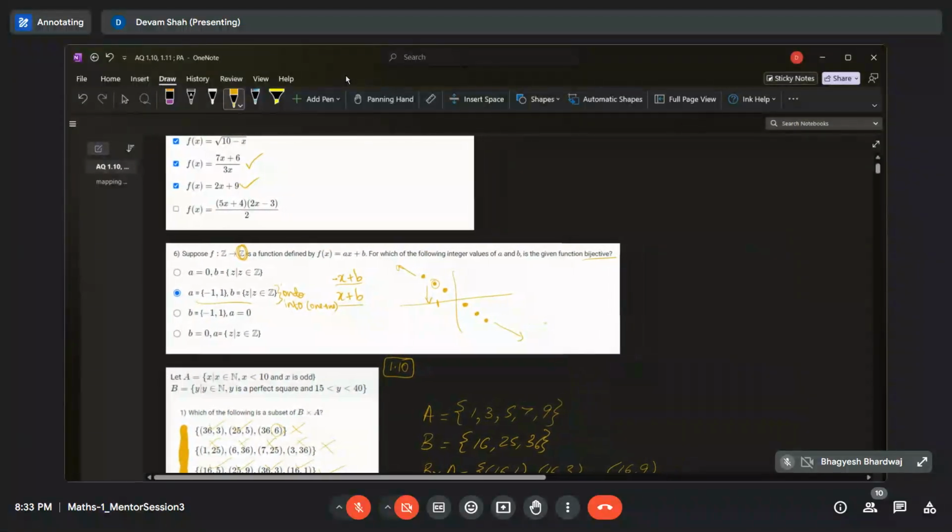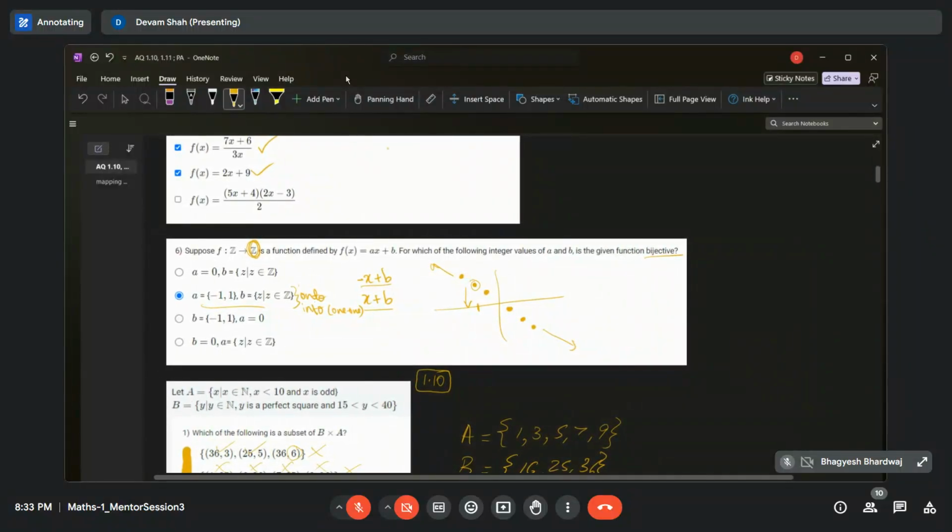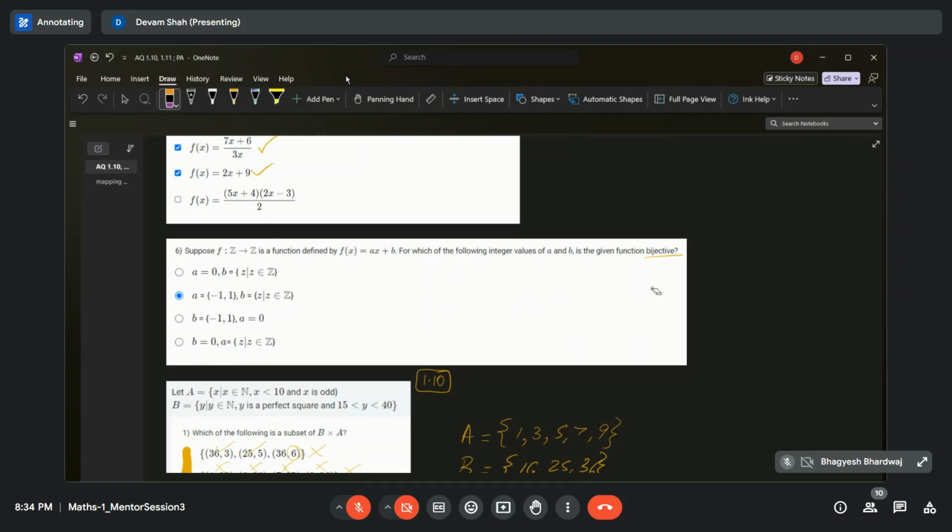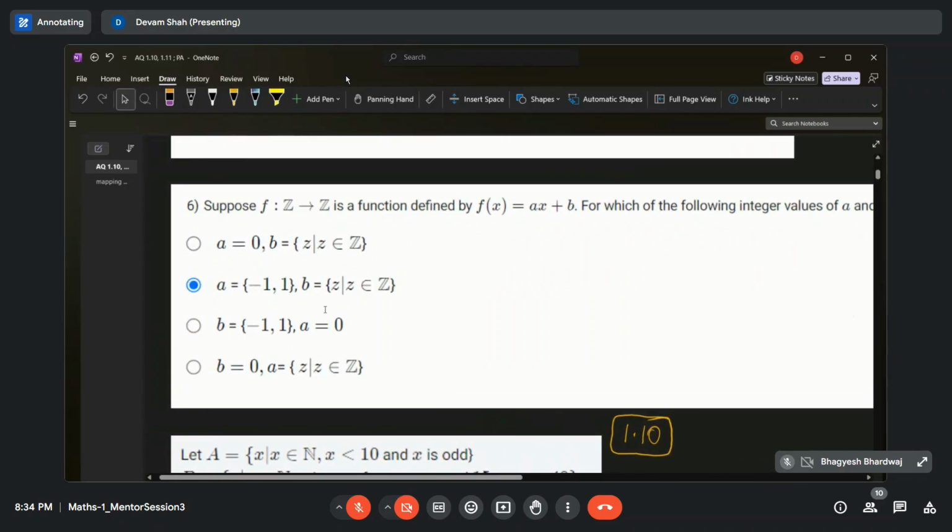Anyone still any doubts with bijective, onto, into? Any more examples? Sir, I didn't hear this one example. The last one? Okay, let's do the fourth option. Why is it not bijective? Now, for example, let a be all integers but not 0.